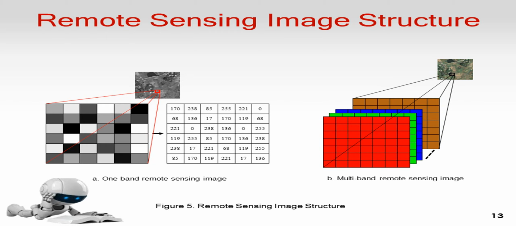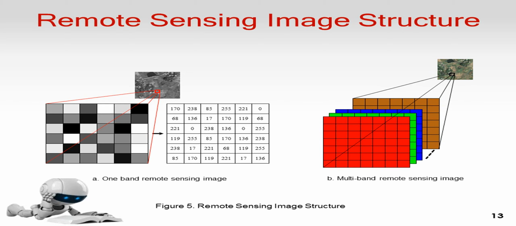A digital RGB image has 3 bands: red, green, and blue, but in remote sensing it can be more than 3 bands. Each satellite has its own number of bands, and the band indication depends on the sensor type and spectrum.